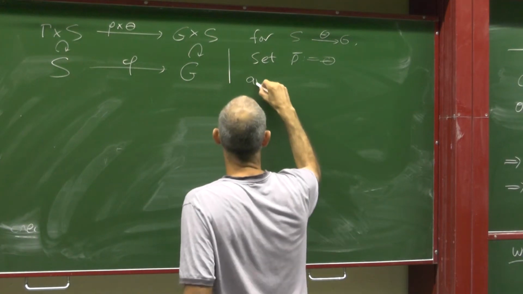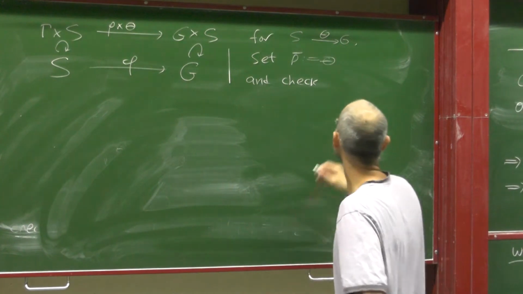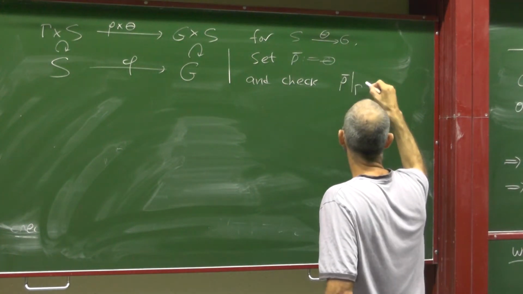And check that if we have this diagram, then rho bar restricted to gamma is rho.